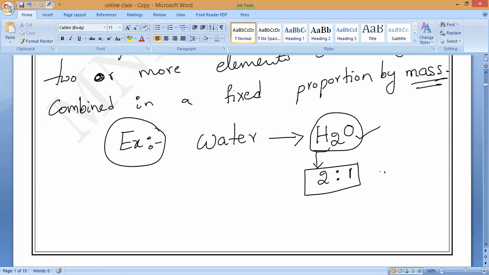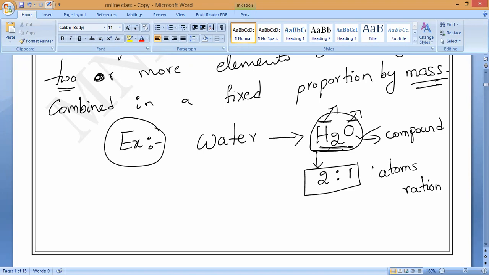This is the atoms ratio. So 2 elements are present, hydrogen and oxygen, and they are chemically combined. That is why water is a compound.